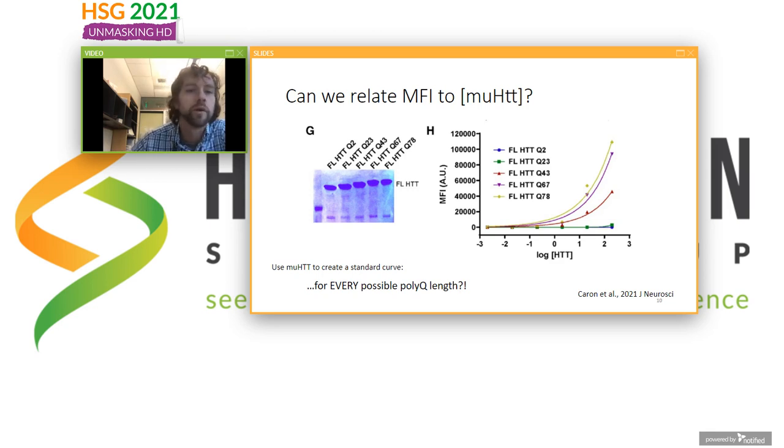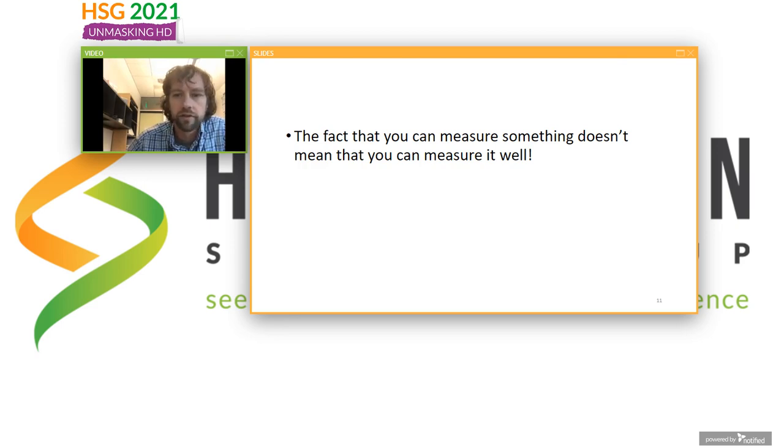Instead, we're going to need to relate the concentration to fluorescent intensity for many different lengths of poly-Q. And to get to every possible length is really a non-trivial thing to do. And with that, I'm going to hand it off to Doug, who is going to talk about the next portion of this, which is trying to make those relationships.